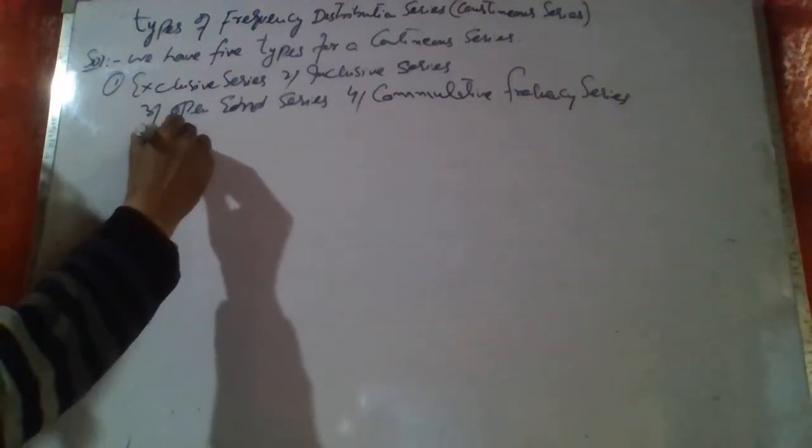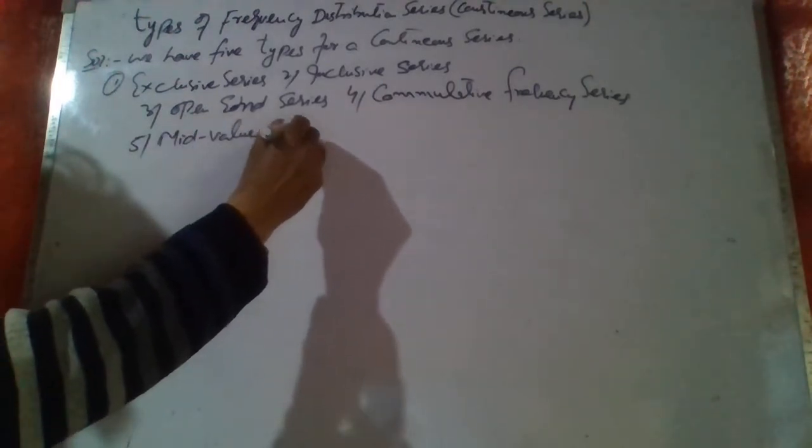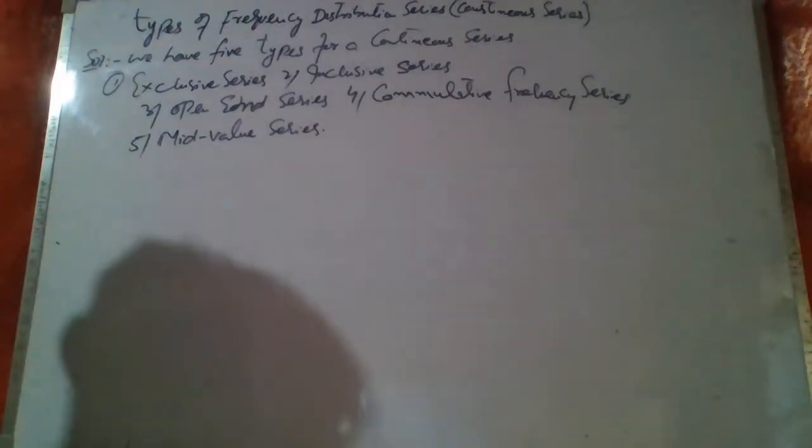And number five is mid-value series. So for a continuous series, we have five types, five forms.